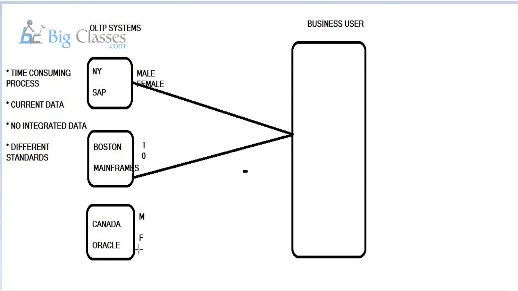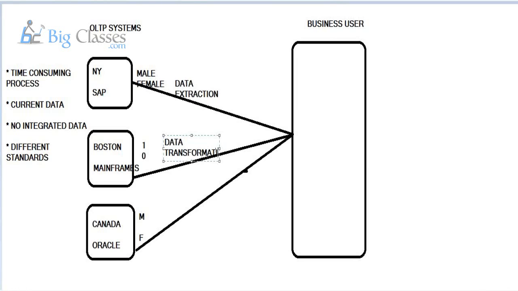We transform the data, which we call data transformation. And we load the data, which we call data loading, into a centralized, very big database, which we call a data warehouse.